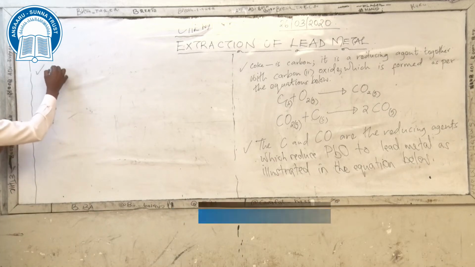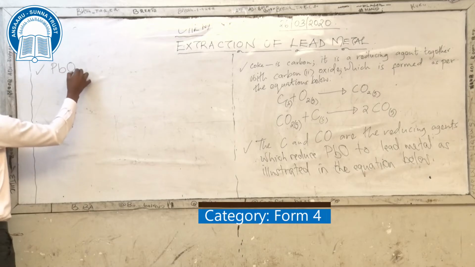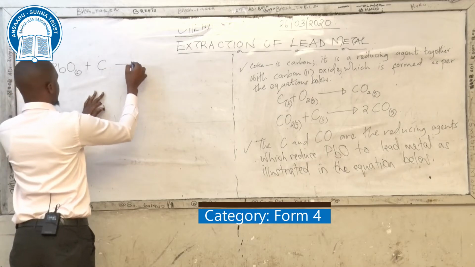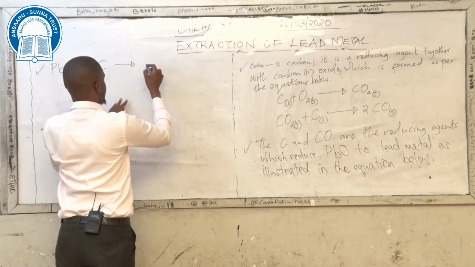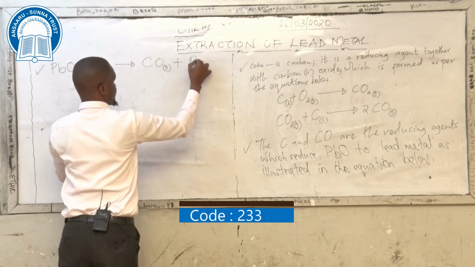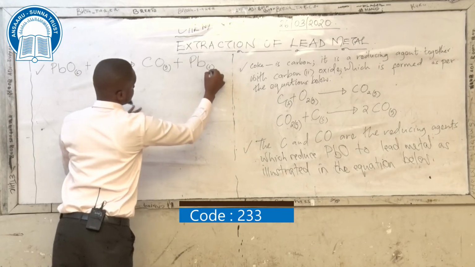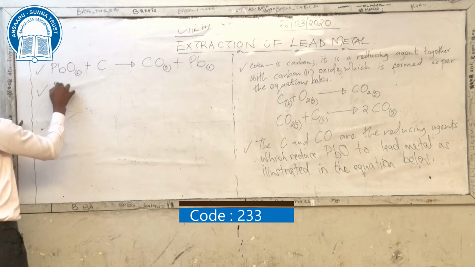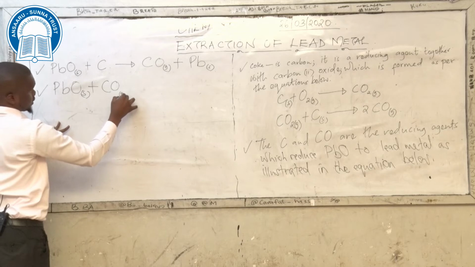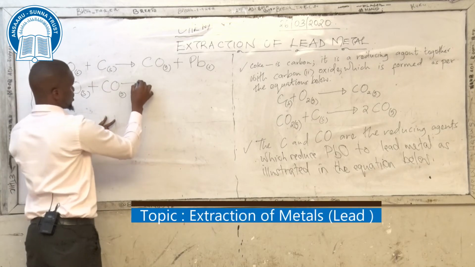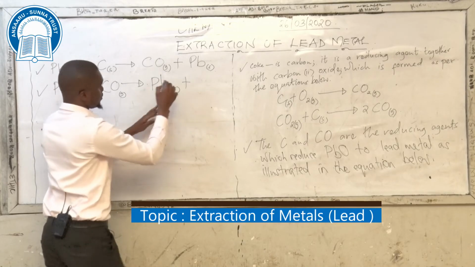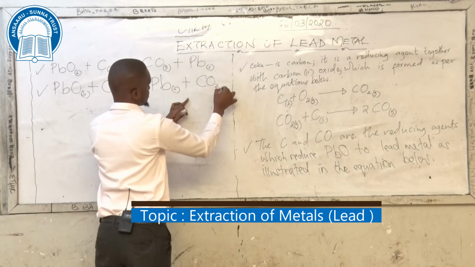Two possible reactions, that is PbO, that is the oxide, plus carbon, forming carbon 2 oxide plus lead metal. But we can also have PbO solid plus carbon 2 oxide forming Pb solid, the metal, plus carbon 4 oxide gas.